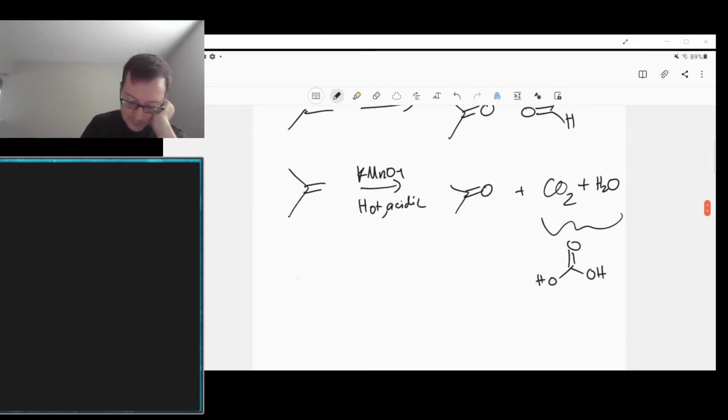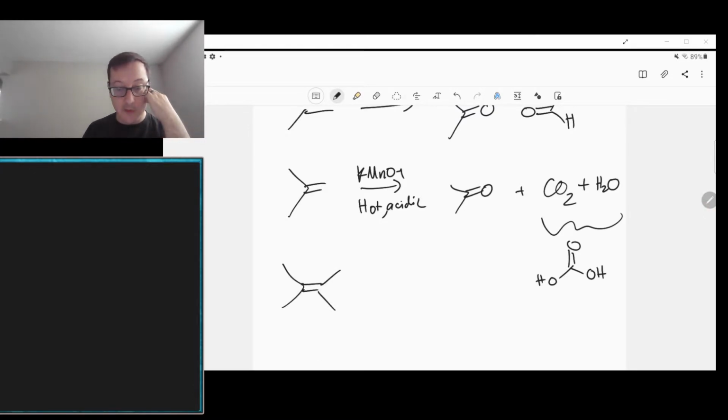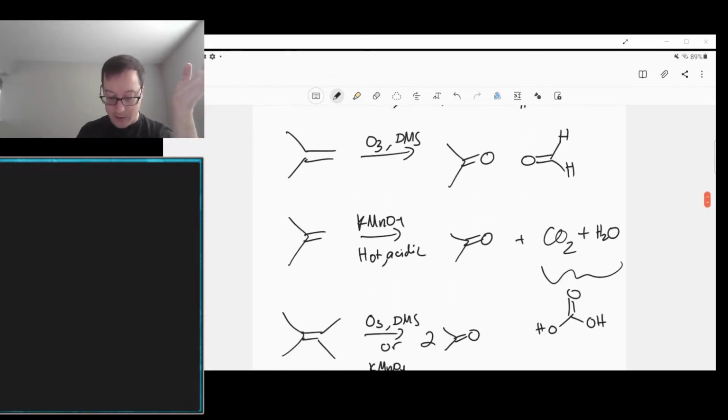However, if you have both sides having two substituents, doesn't matter which reagents you use, you'll get the same thing. You'll get two acetones out from this. Doesn't matter which one. So ketones are always there if you have carbons that have that.